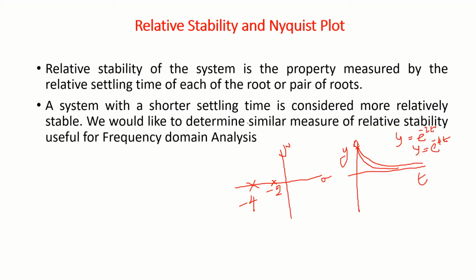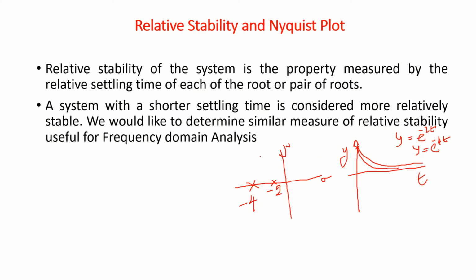Relative stability of the system is the property measured by the relative settling time of each root or pair of roots. A system with a shorter settling time is considered more relatively stable. We would like to determine a similar measure of relative stability useful for frequency domain analysis.